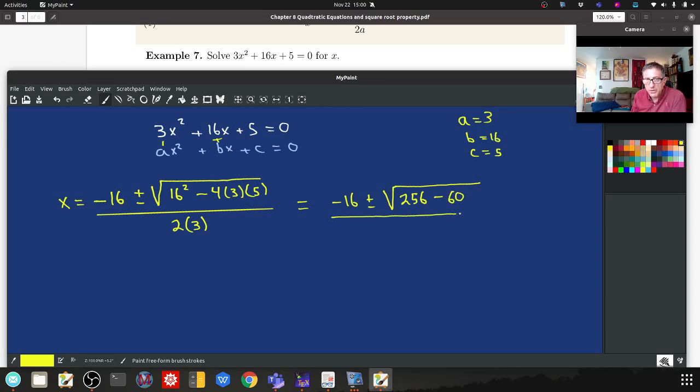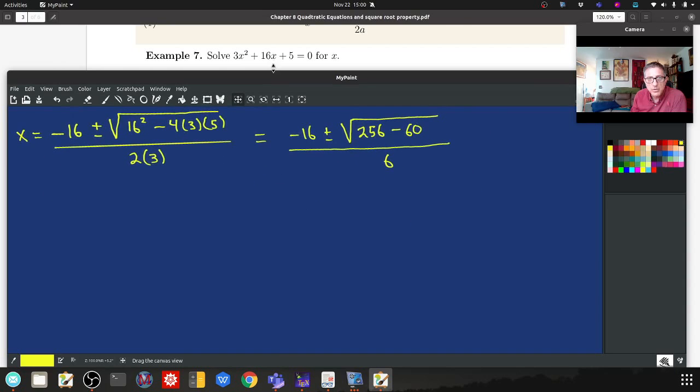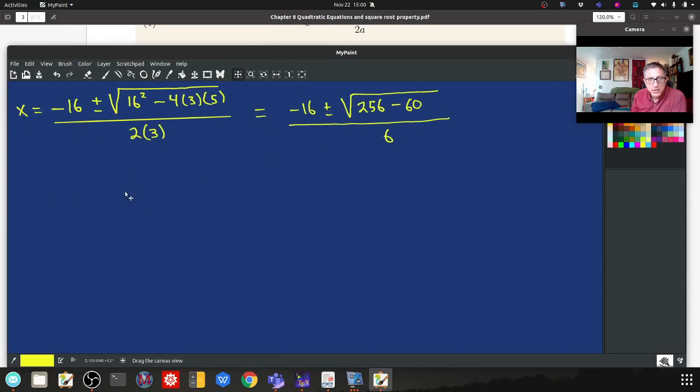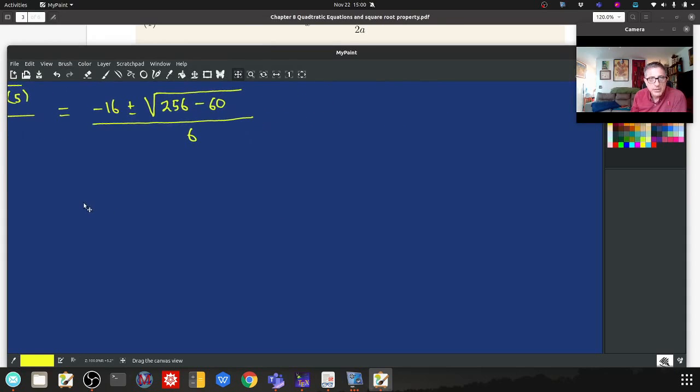All of this is over 6. So again, just the process of simplification. Now you've got it all plugged in. Here comes the math part. Plugging in numbers and formulas, that's not really math. Deriving the formula, that's math.